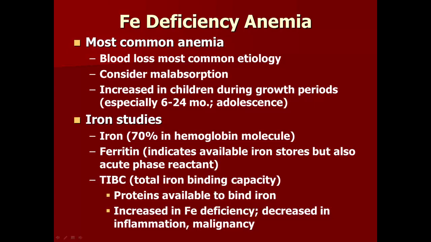It would also be hypochromic because of the deficiency of iron. The most common etiology of an iron deficiency anemia is actually blood loss, especially chronic blood loss, because with chronic blood loss, initially the individual can keep up with red blood cell production, but over time they'll deplete their iron stores and they will develop an iron deficiency anemia.